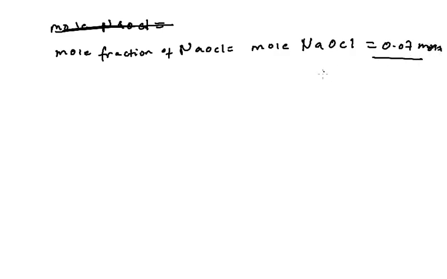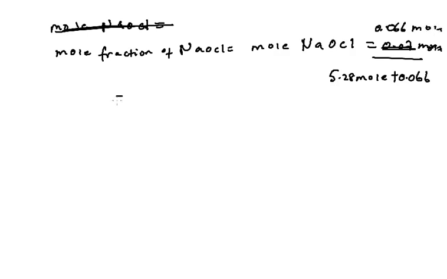Divided by the mole of water. The mole of water is 5.28 mole plus the mole of sodium hypochlorite, which is 0.066 mole. So I'm not going to say 0.07, I would say 0.066 mole.